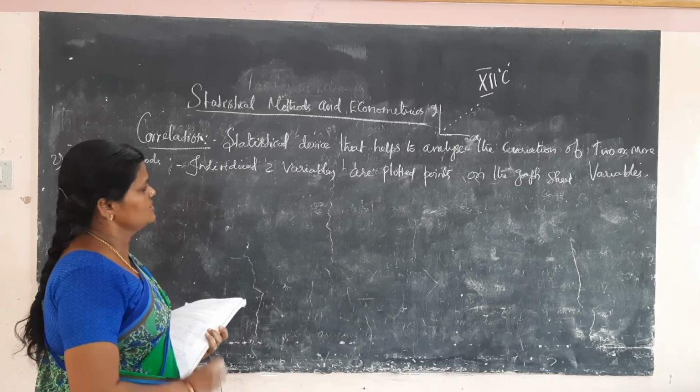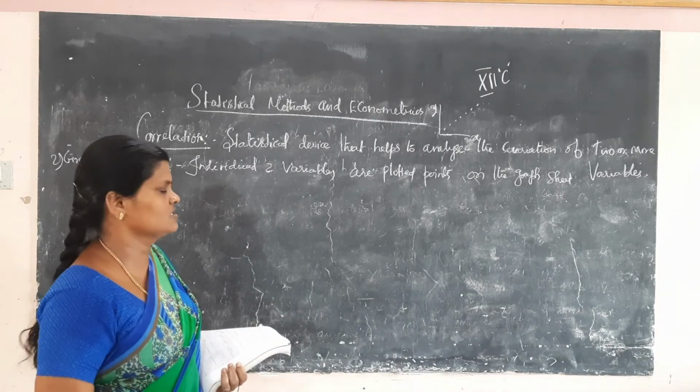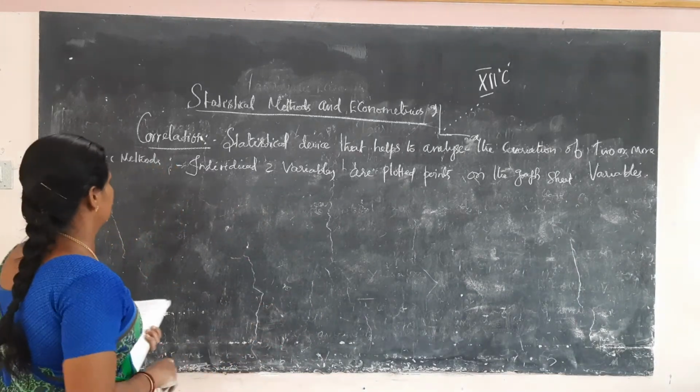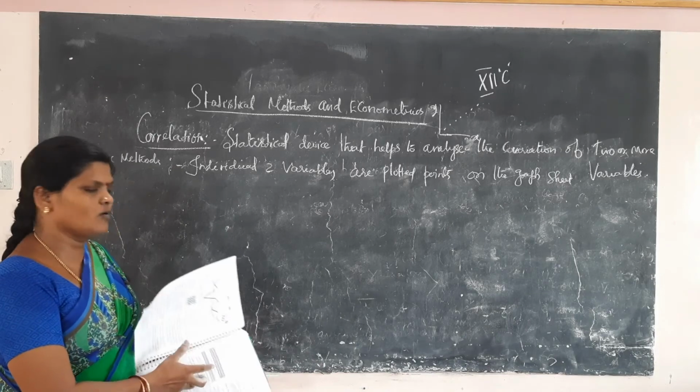If the two variables travel in the same direction, it is positive correlation. In the opposite direction, it is negative correlation.